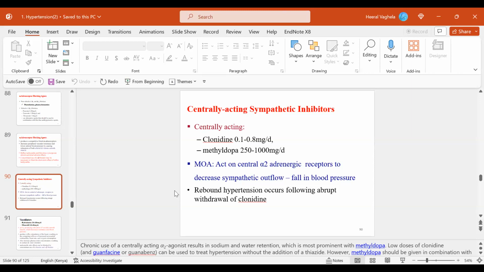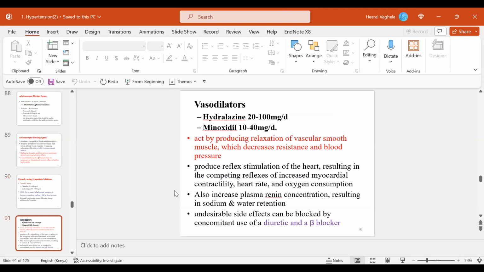And the last set of drugs is the vasodilators like hydralazine or minoxidil. What these do is they relax vascular smooth muscle, which reduces the total peripheral resistance and the blood pressure. One thing about vasodilators like hydralazine, they can be used in pregnancy.